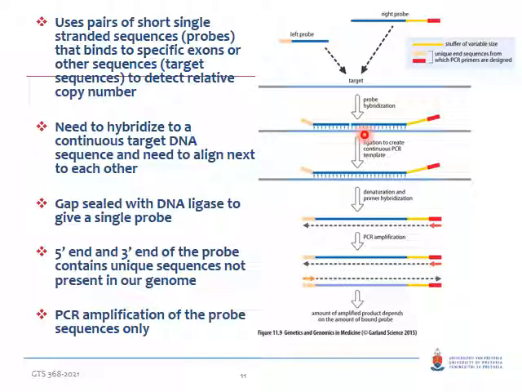The 5' and 3' ends of the probes contain sequences not present in the genome. These sequences are then selectively amplified in a PCR reaction.